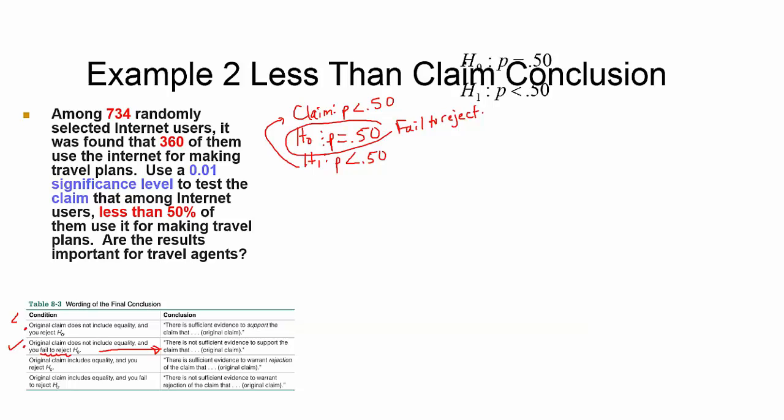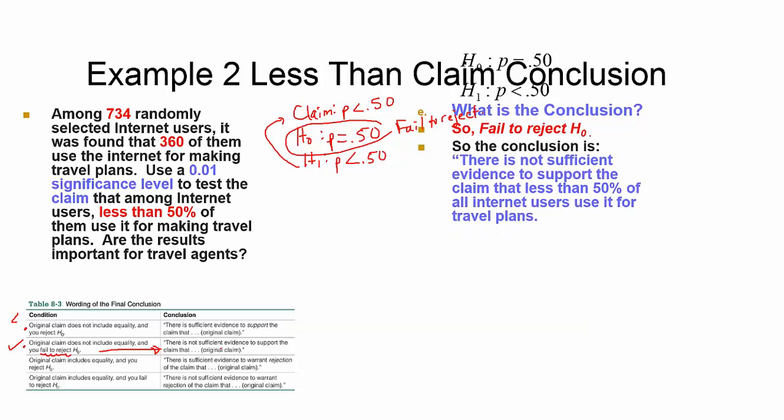And if this could be true, then I have not supported the opposite here. So that's why we say there's not sufficient evidence to support the claim. And then we want to reference what the original claim is. So there is not sufficient evidence to support the claim that less than 50% of all internet users use it for travel plans.